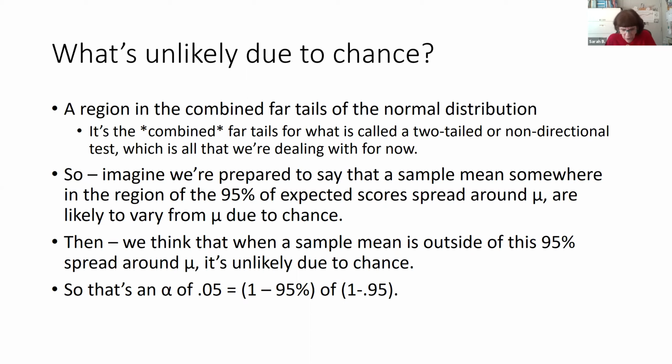We want to be fairly conservative. So they have to be 95% of the scores in the body. And if we find that a sample mean is outside of this middle 95% region, in one of the tails, we're going to say that's unlikely due to chance. So that's alpha of 0.05, 1 minus 0.95.